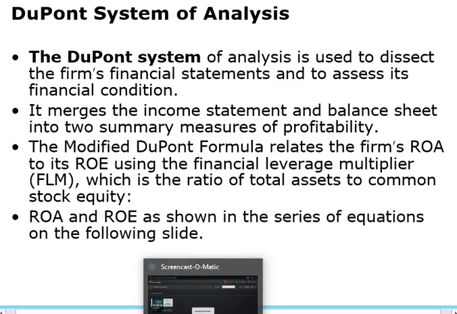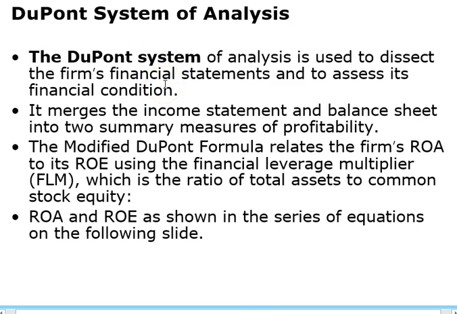Last subject of the class tonight, the DuPont analysis system. This system was designed by analysts to use the financial ratios to get a better idea of what's happening inside the company. So it's a way to dissect the financial statements using financial ratios to get an idea of what's wrong at the company. So it merges income statement and balance sheet together to make a summary of the measures of profitability.